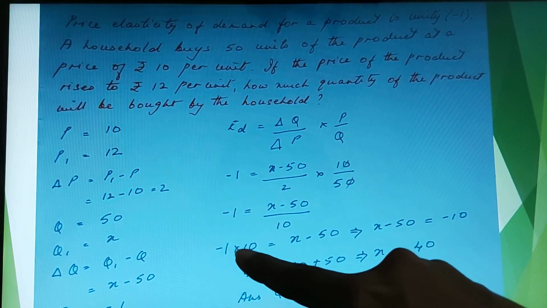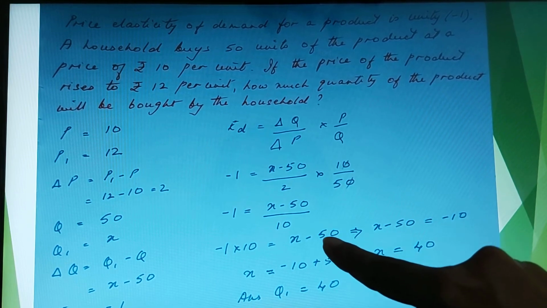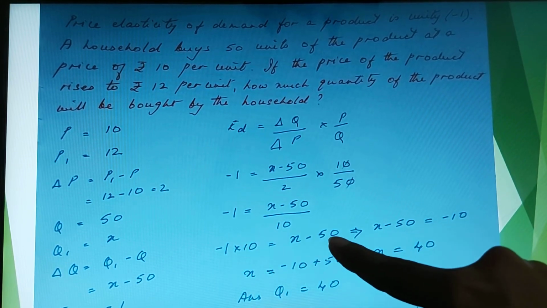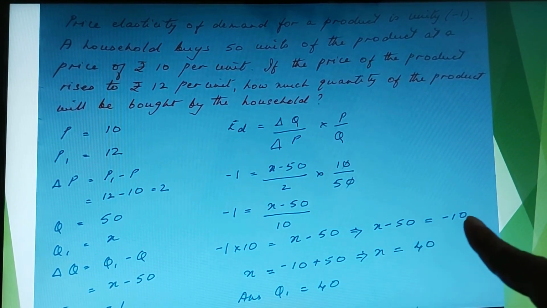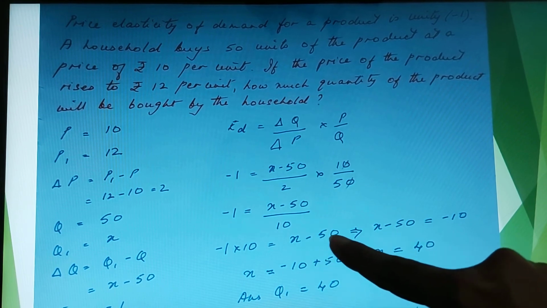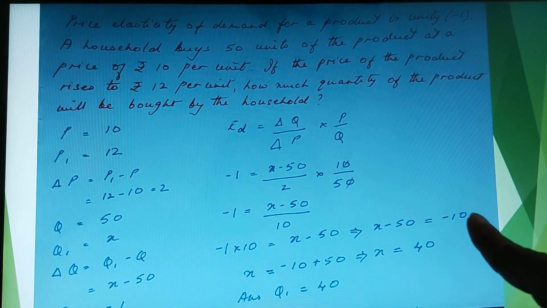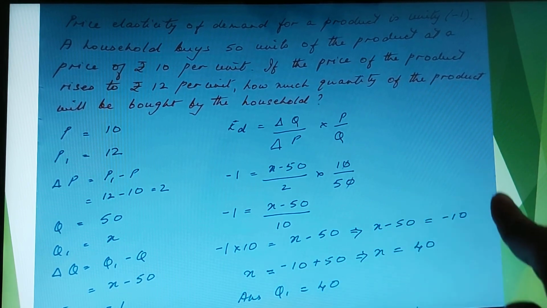So minus 1 into 10 is equal to X minus 50. So what do we get over here? X minus 50 is equal to minus 10. Next step, how much is X equal to? We'll bring this on the other side.